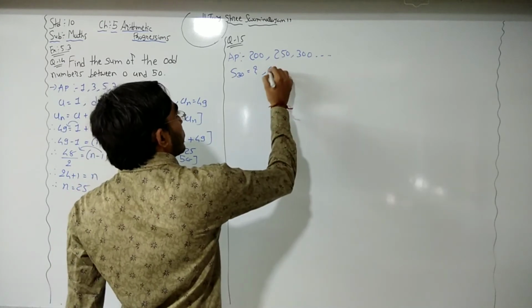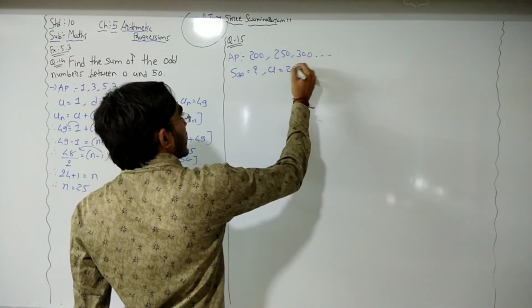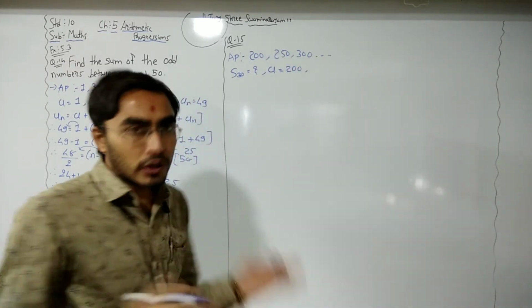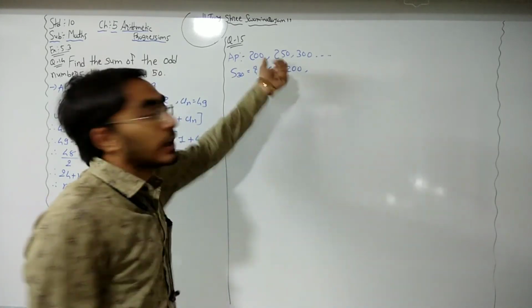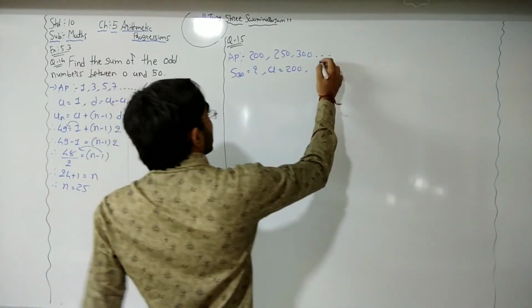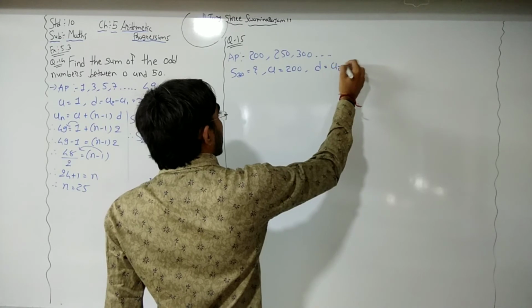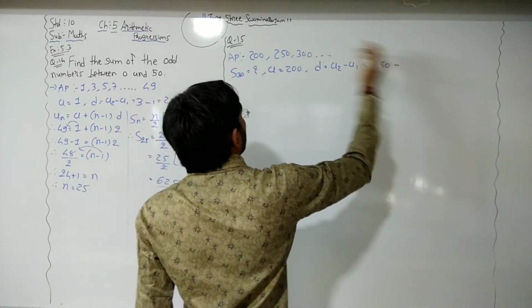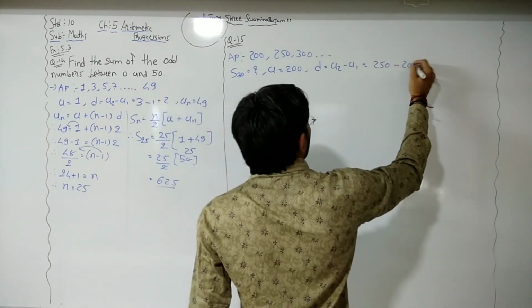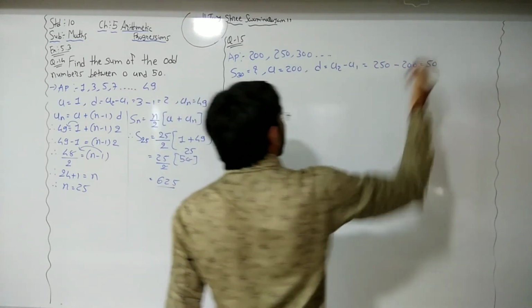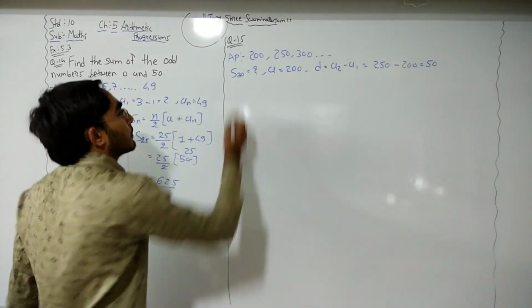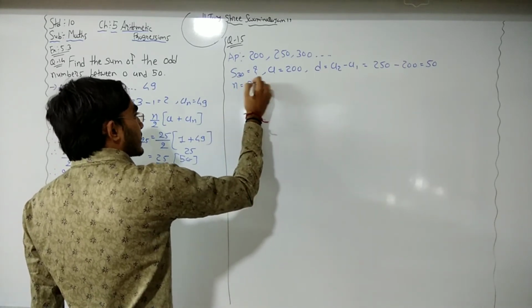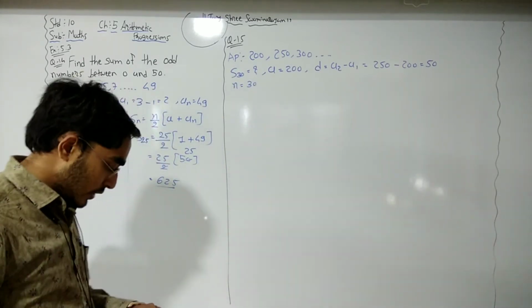Now here our first term a is equal to 200. Common difference d is already given in the question. Otherwise, we can also find it: second term minus first term, 250 minus 200, it is 50. And here we need to find S30, so our n is equal to 30.